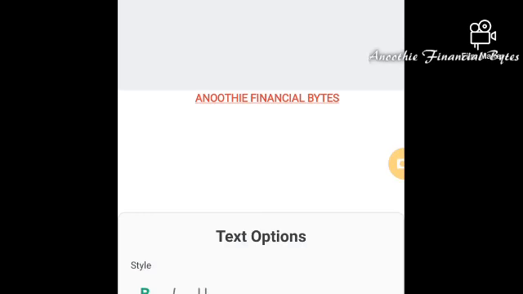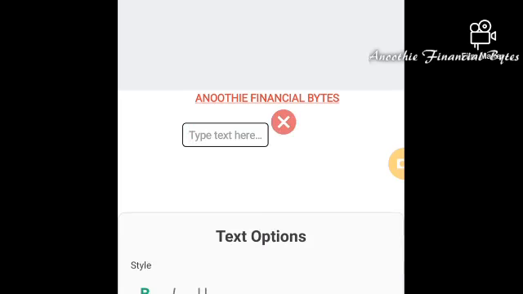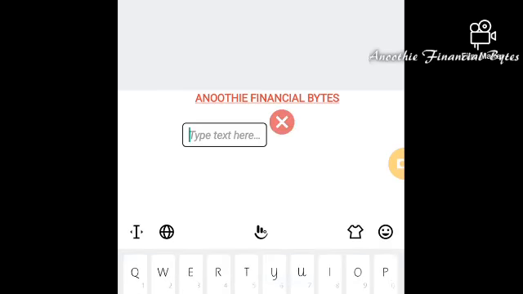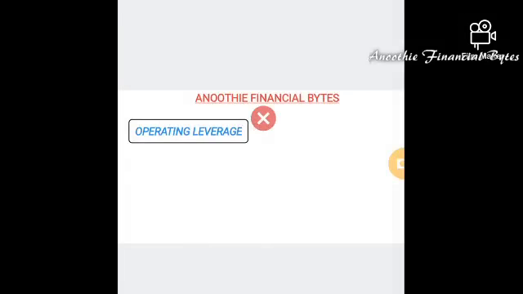So I'm going to tell you what operating leverage is. I'm going to change its color so that you won't get confused. Operating leverage tells you the relationship between contribution and EBIT.